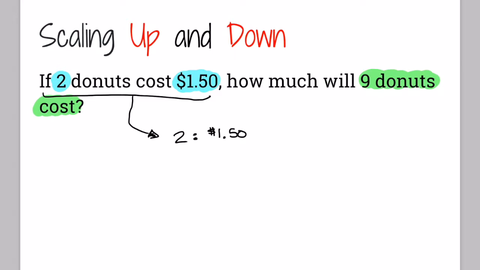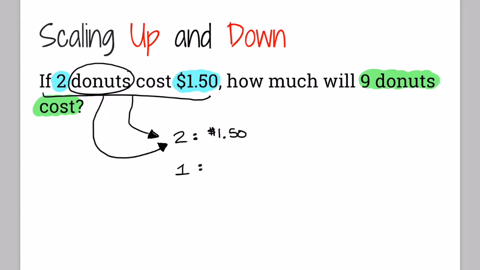Now, initially, I want to stop and go, well, if 2 costs $1.50, I need to find that unit cost. What is the unit rate of this? I need to find out how much 1 donut costs. Remember, that's the number that I want to get to, 1. I want to know what 1 donut costs.